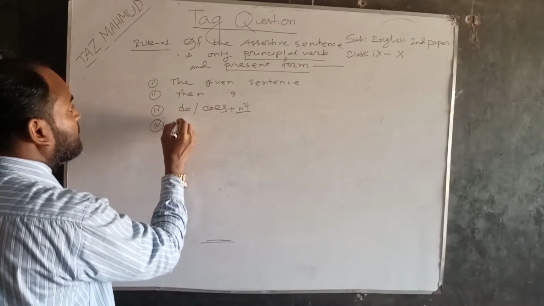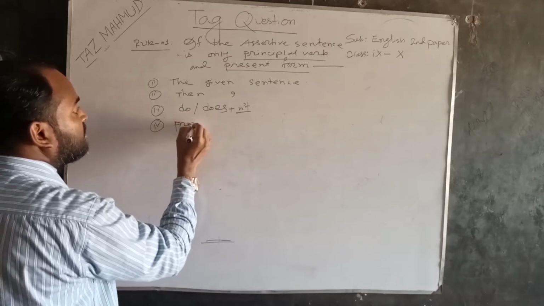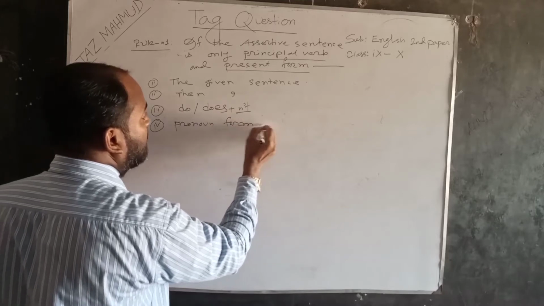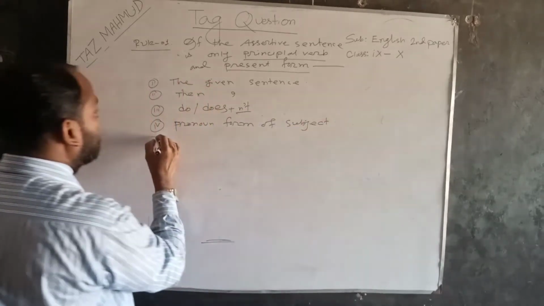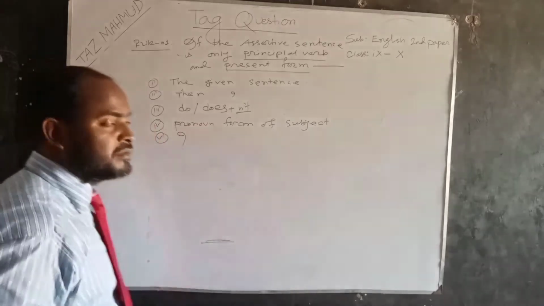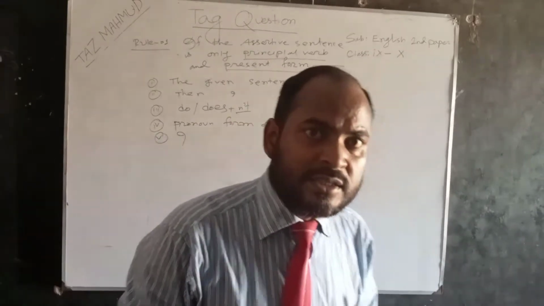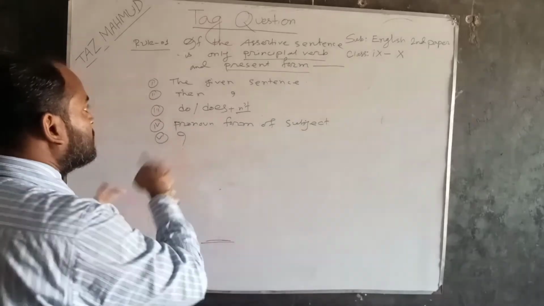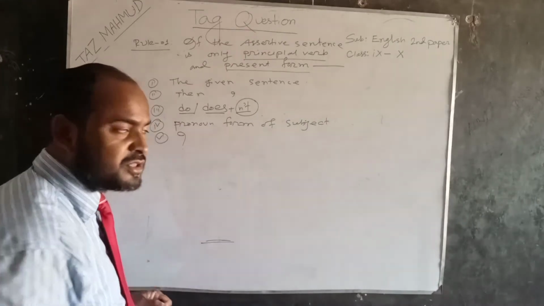And lastly, we have to write the pronoun form of the subject, and also lastly a note of interrogation. At first we have to write the given sentence and then comma, do or does, and then not.